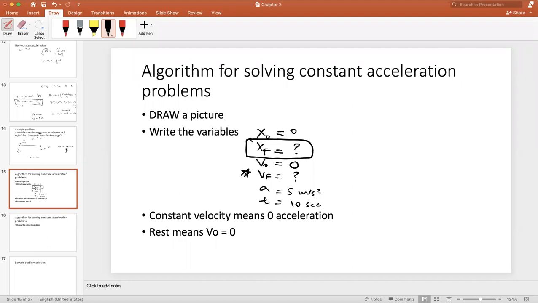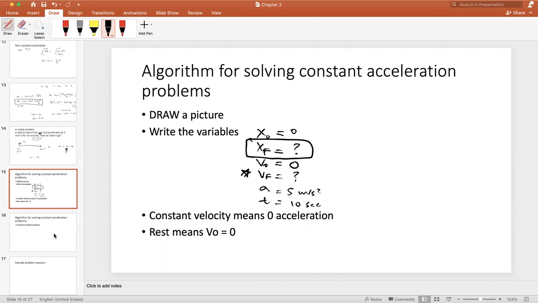Okay, so the other things to remember is that rest meant that the initial velocity was 0, and that constant velocity means the acceleration is 0. That doesn't apply to this problem that we're doing, but it might apply to your problem later on.